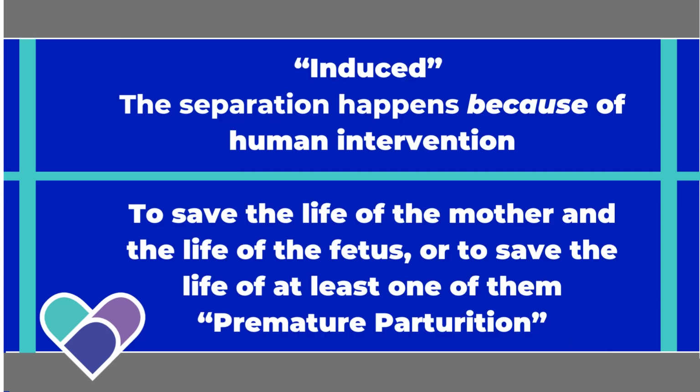But we can separate the mom and the fetus because of human intervention. And sometimes that separation is necessary to save the life of the mother, or to try to save the life of the fetus, or to save at least one of them. So we call that, it's better termed, a premature parturition or a pre-viable separation. Those are done with the intent, below 20 weeks, to save the mom's life.